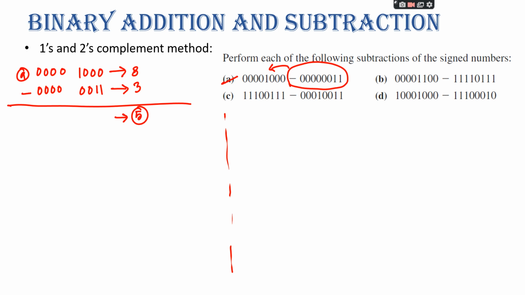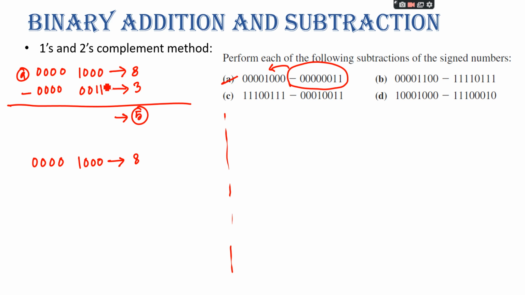So in the 2's complement method, although we will be adding the numbers, the result should be similar to what we'll get from the subtraction. So let me do that again. If we get the number 0000 and then 1000, that should be your 8.